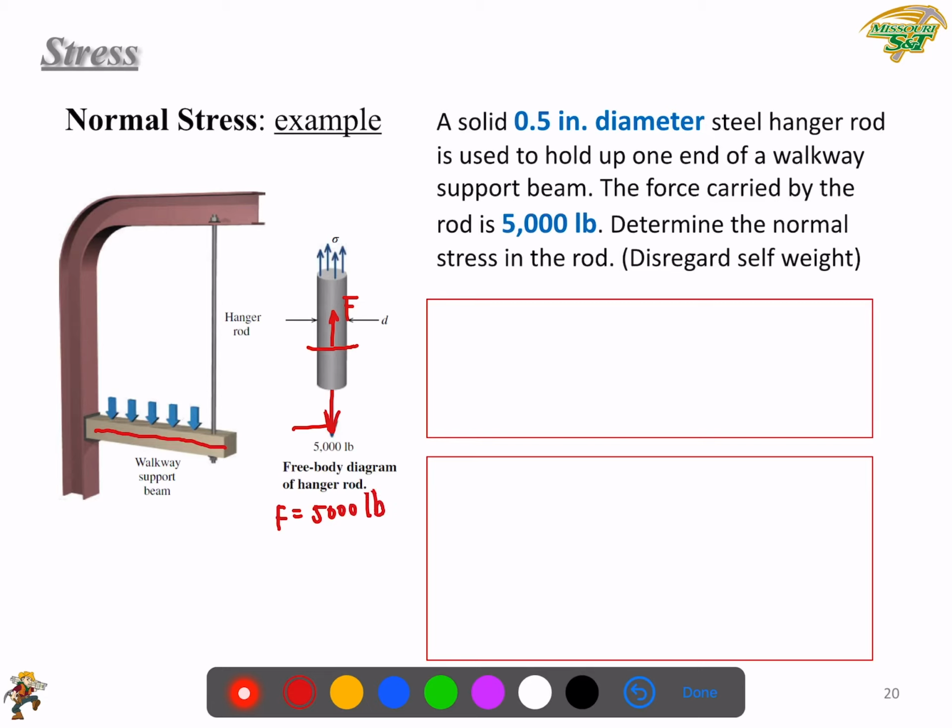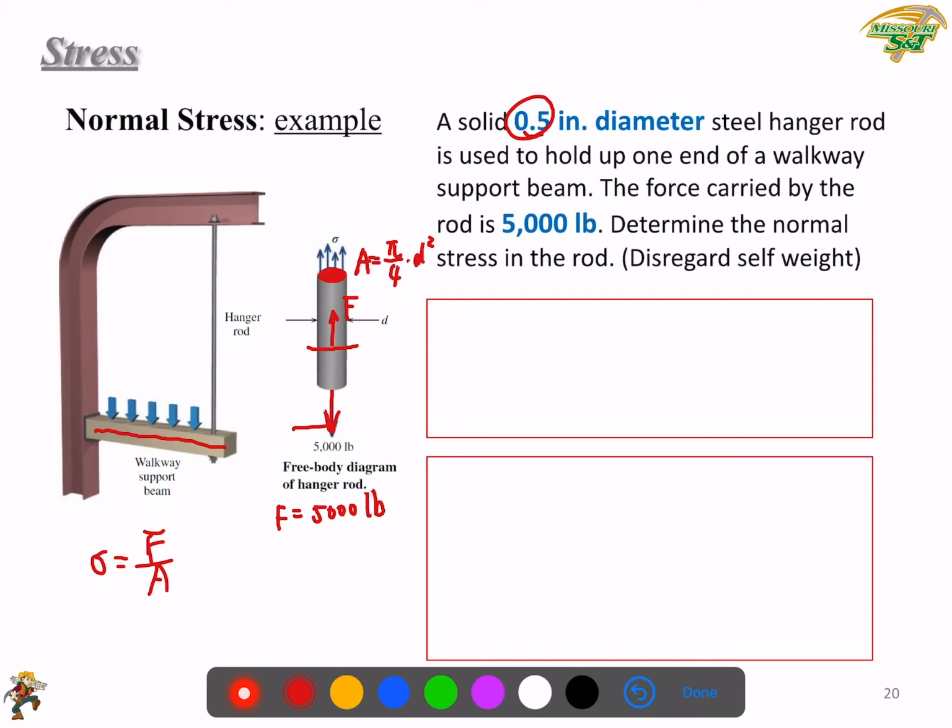Okay, our definition said that the normal stress sigma equals F over A. So then you just need to find the correct A. And the A here is the cross section, where the cross section is here, and A equals pi over 4 times d squared, and d is 0.5 inch.